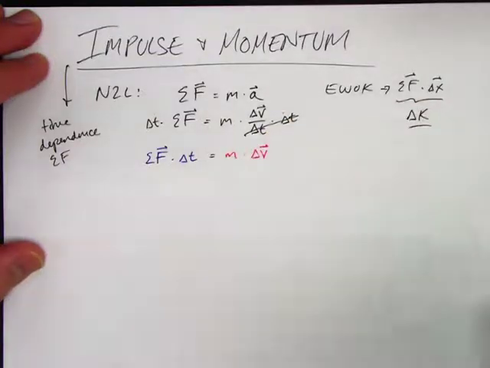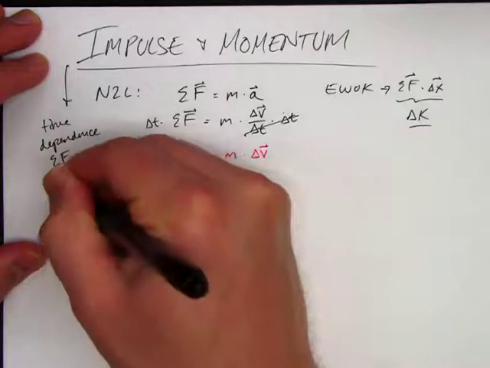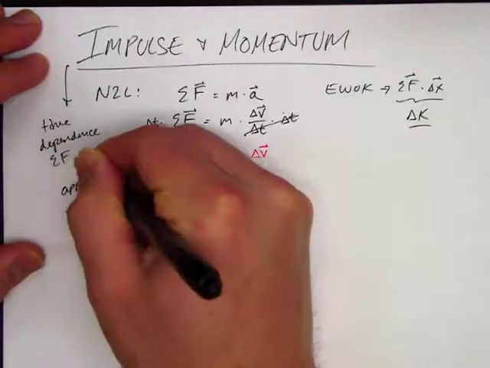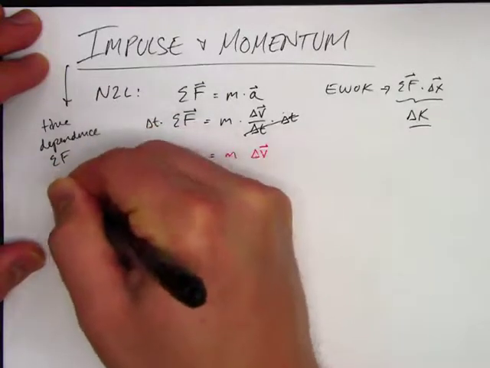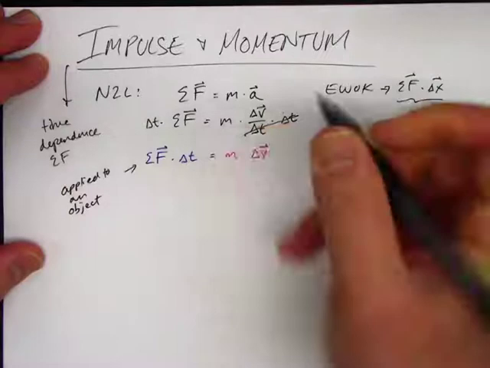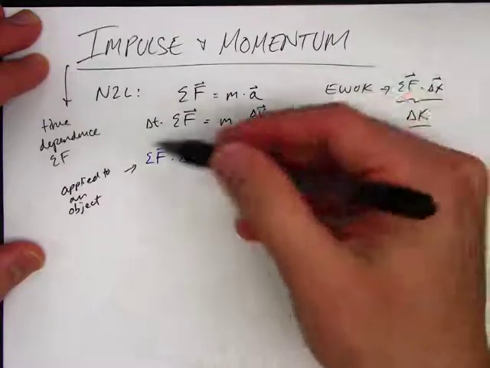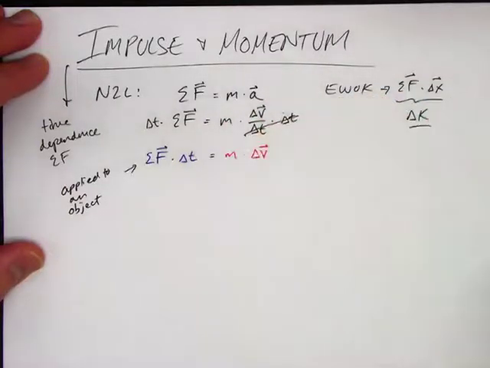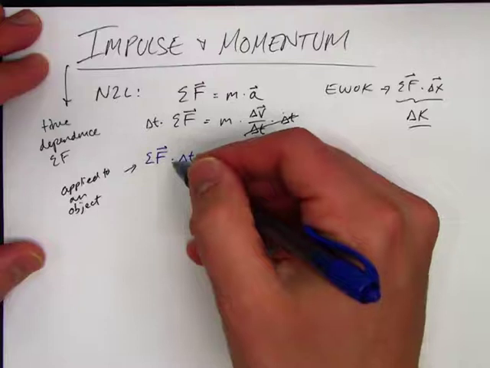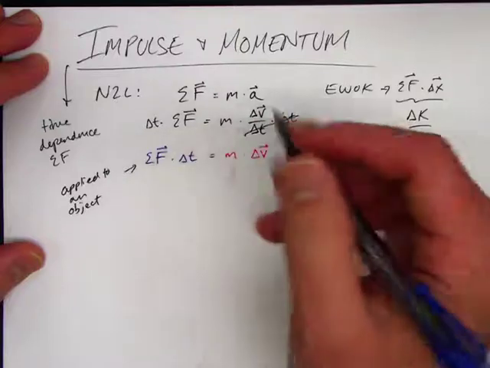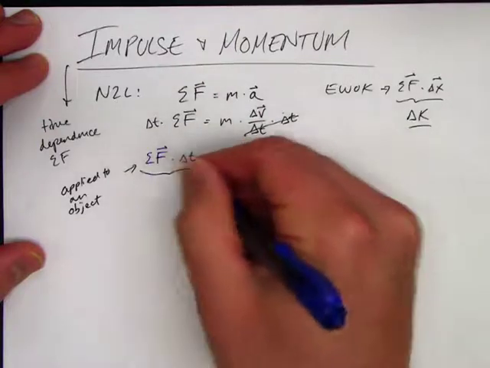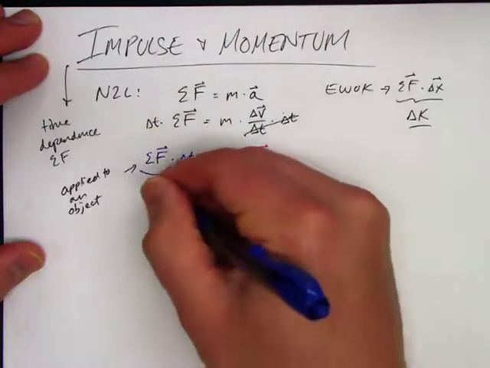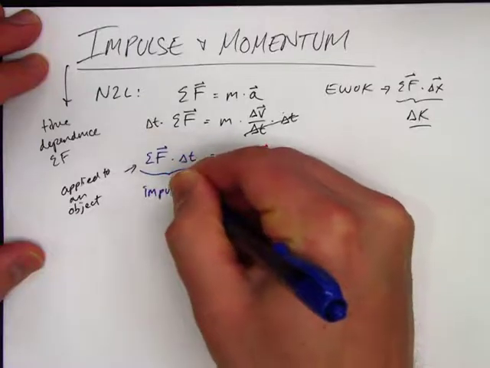Notice, this is a net force applied to an object, so we're looking at the change in momentum of an object due to a net force over a certain period of time. This left side, the net force times the amount of time over which that net force is exerted, is what we call an impulse on that object.